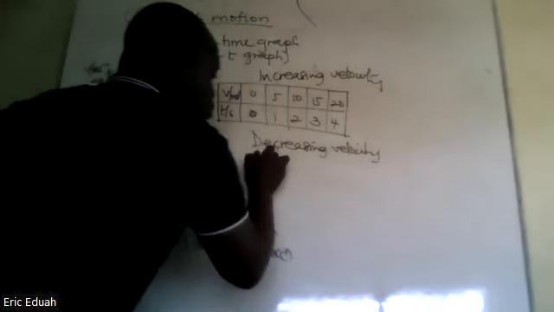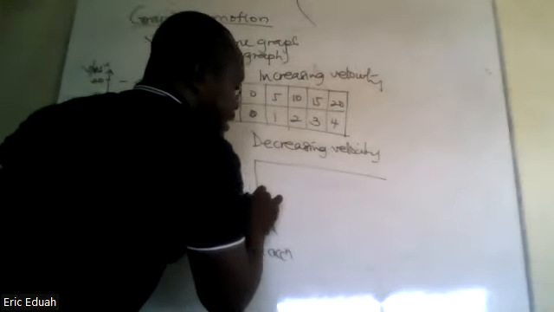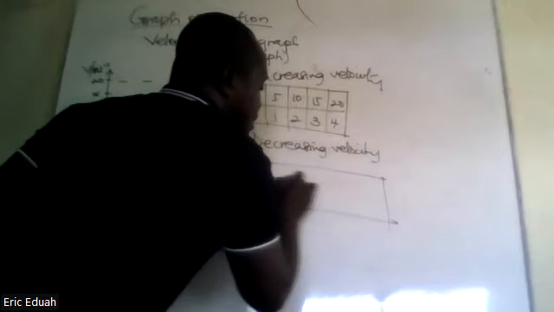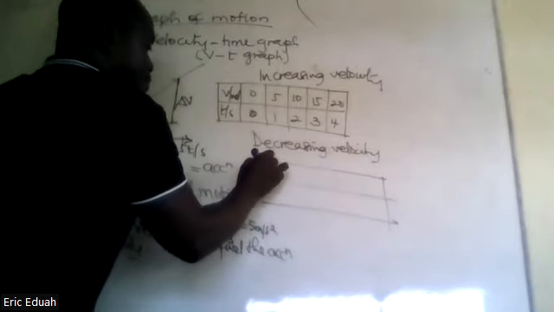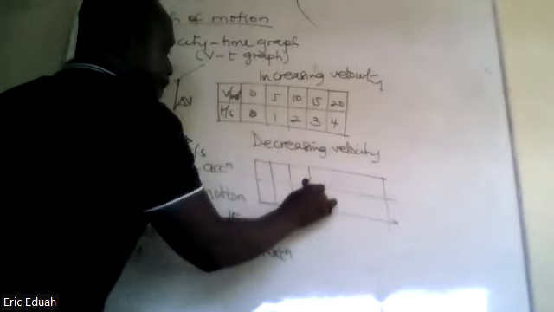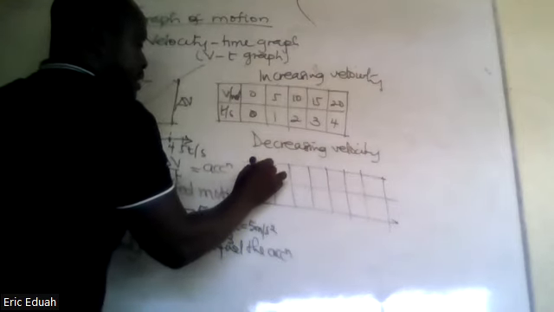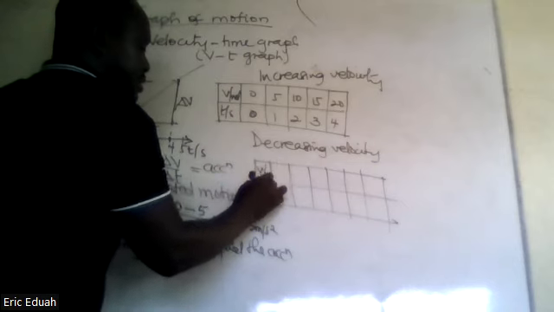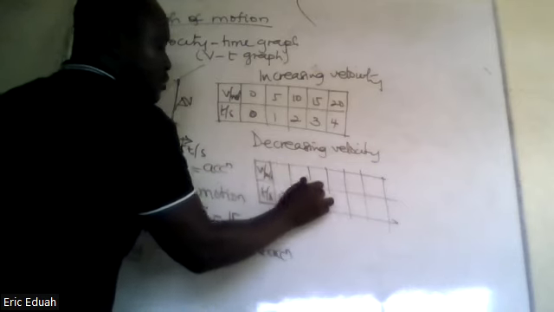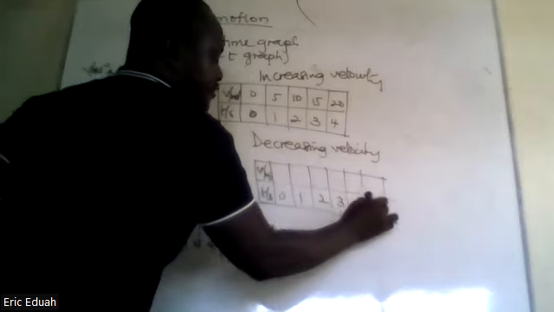If you draw a table for the velocity and time, velocity in meters per second, time 0, 1, 2, 3, 4, 5.